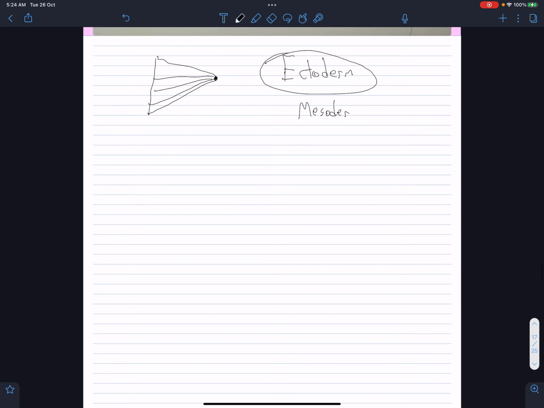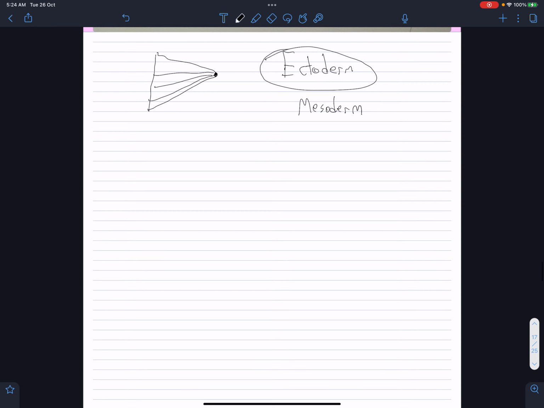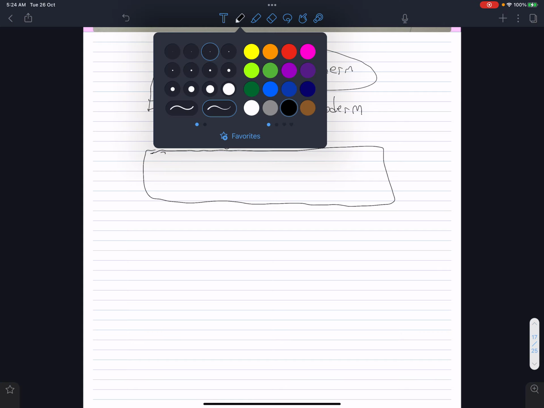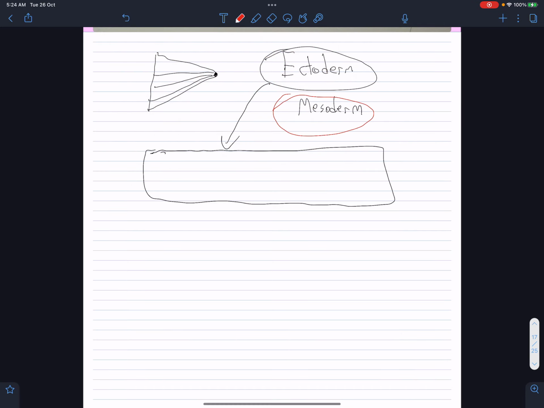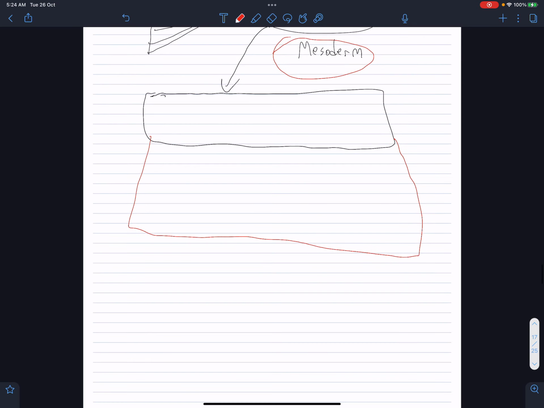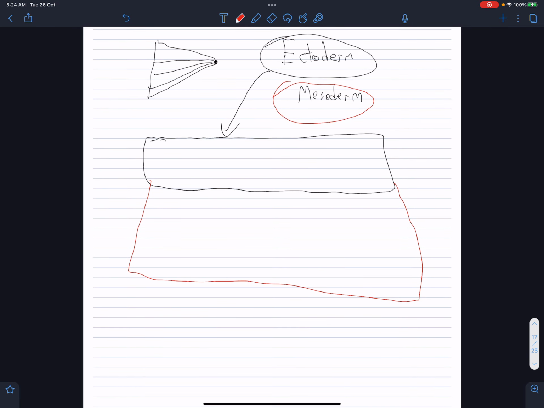Now, let's look at the thickened part of the mammary line, shall we? Let's draw right here an ectoderm. This is the ectoderm. And this in red color, underneath the ectoderm, is going to be the mesoderm. Tamam? So this is your mesoderm.